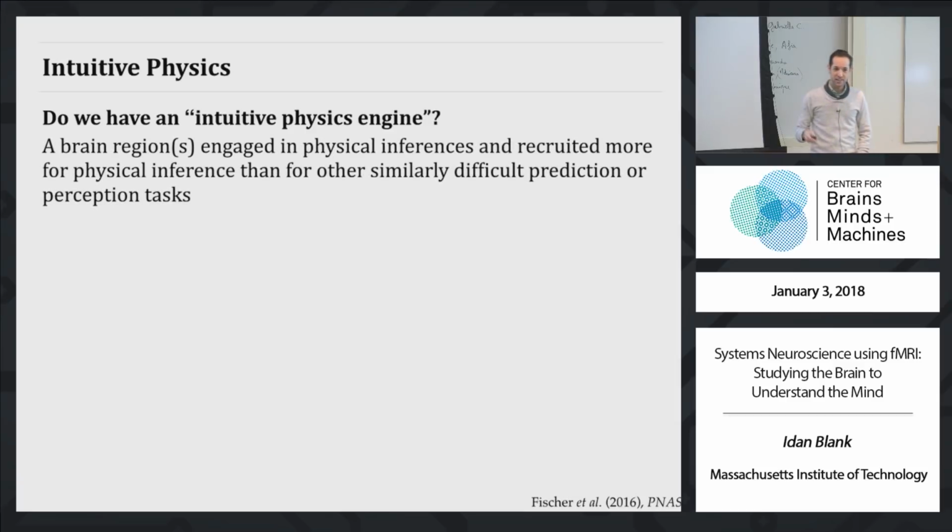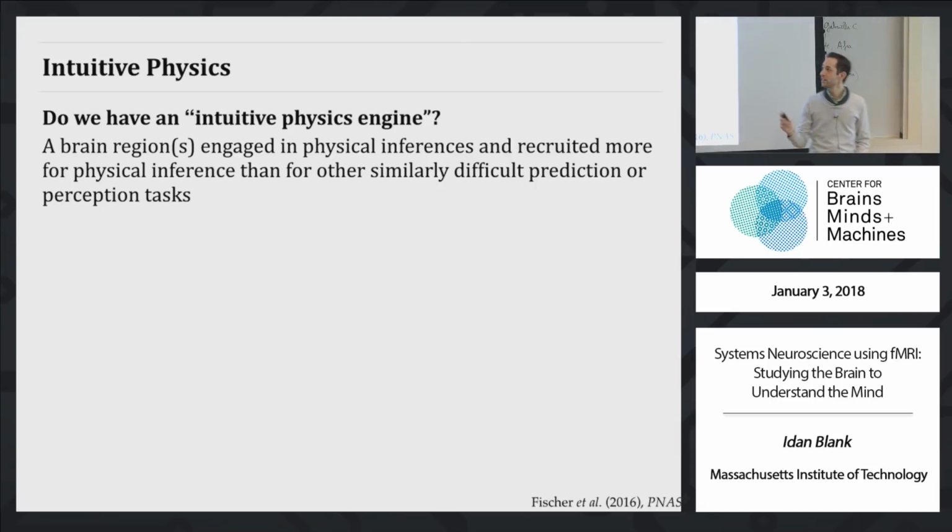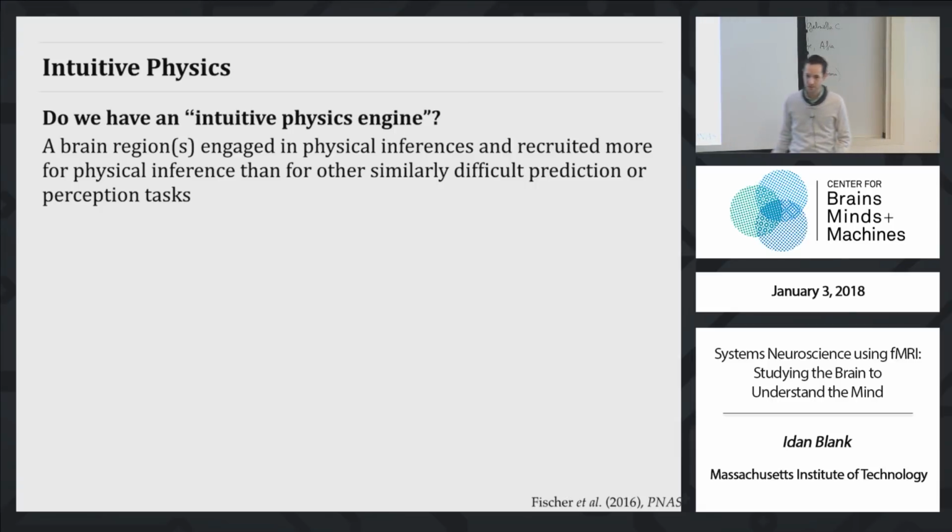And specifically, this is a study from Jason Fisher, who is now at Johns Hopkins, but he was my office mate here at MIT when he was a postdoc. He wanted to ask whether there are brain regions that are engaged in physical inferences and are recruited more for physical inference than for other similarly difficult prediction or perception tasks.